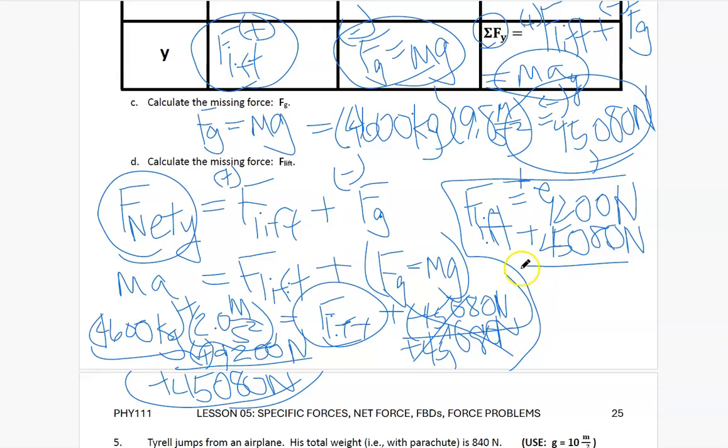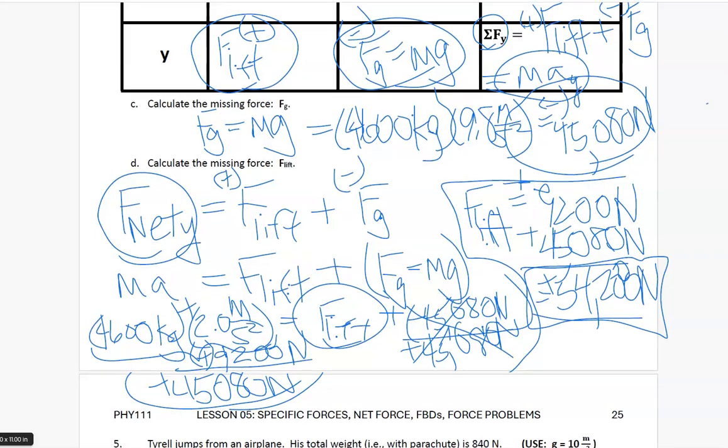We add these two up, and we find that our lift force is a whopping 54,280 newtons, and that's positive. So that's our lift force, and that completes that problem.